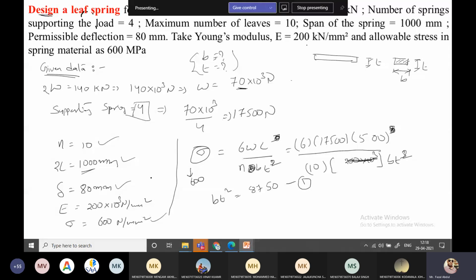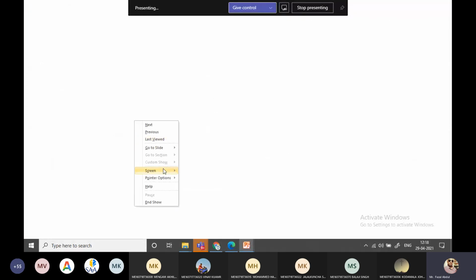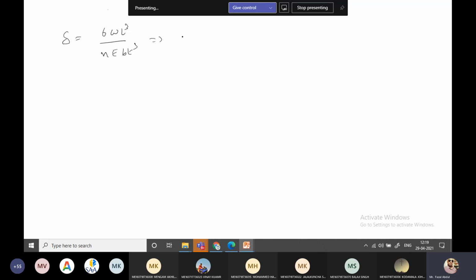Now from the deflection equation, deflection equals 6WL cube by NEBT cube. Now substitute the values here.